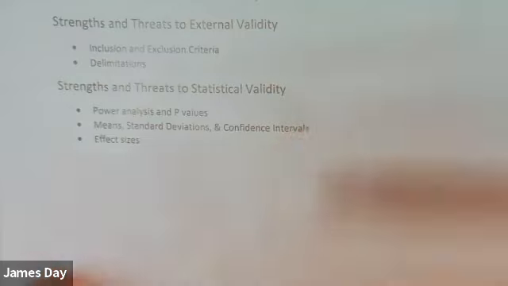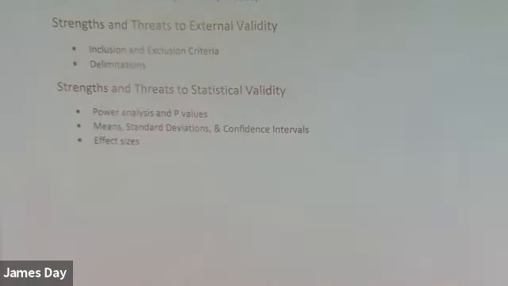So if this is a peer-reviewed study, we will assume that the statistics done were appropriate. We are then going to look and say, are the reported outcomes appropriate and were they appropriately used?